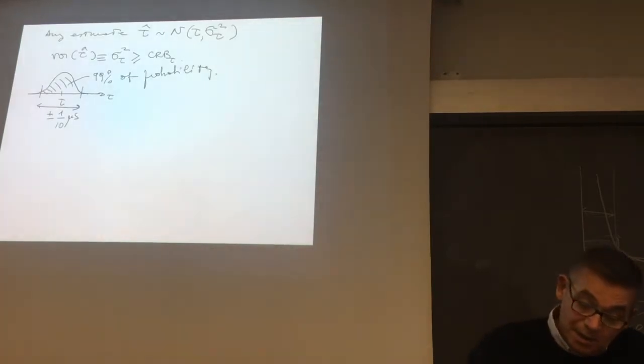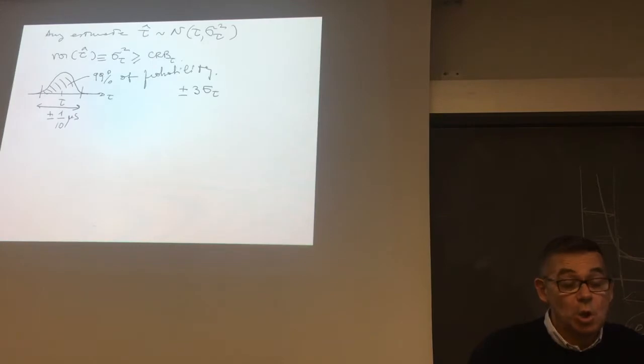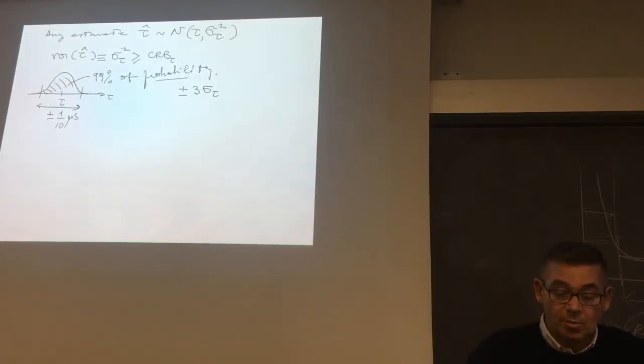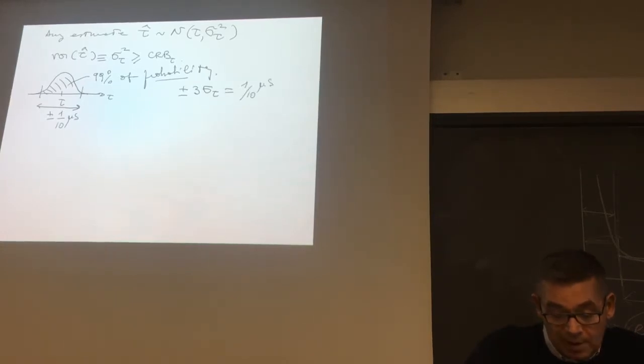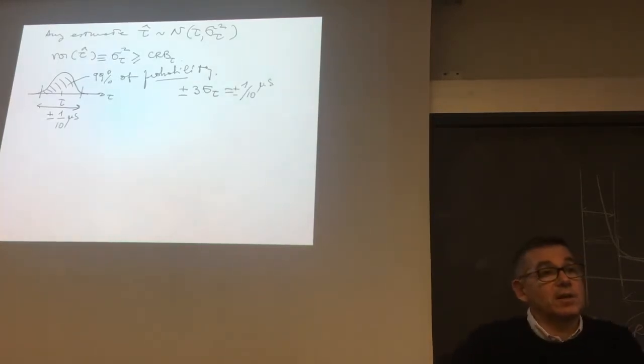Which means that plus or minus 3 times sigma tau, which is 3 times the standard deviation, is approximately 99% probability, 99.9 probably. So plus or minus 3 times sigma tau should be equal to plus or minus 1/10 of a microsecond.